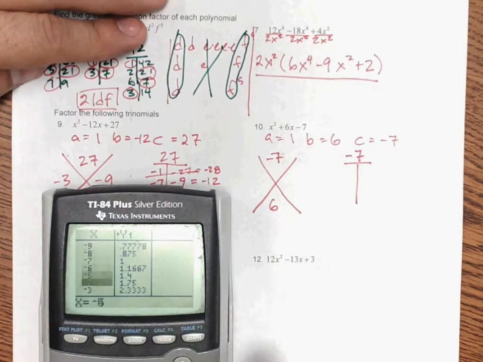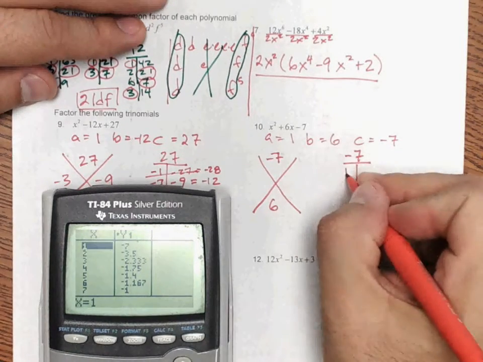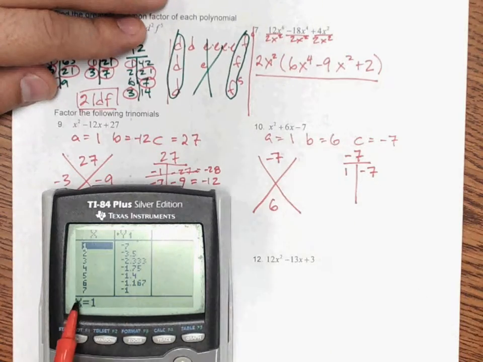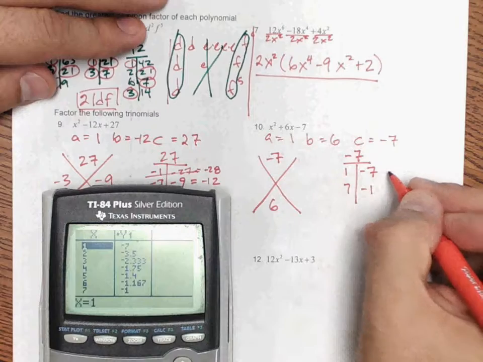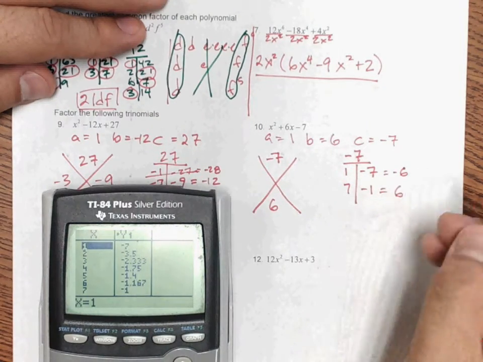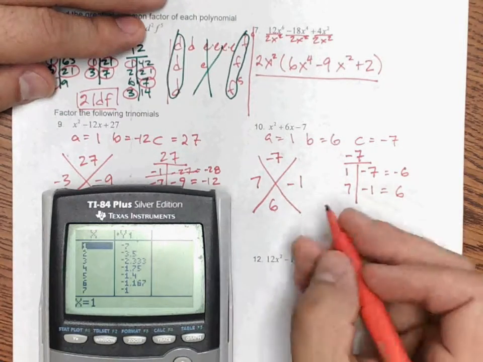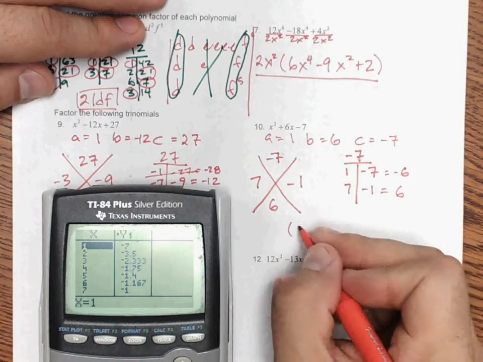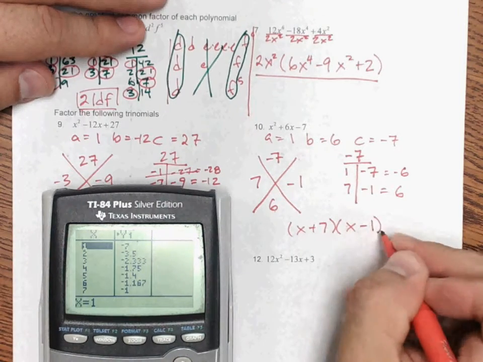And go down here back to 0 so we can start fresh. So I have 1 and a negative 7, and then down here I have 7 and negative 1. Well, 1 minus 7 equals negative 6. 7 minus 1 equals positive 6, which is what I want. So 7, negative 1. And then that's going to be my solution. X plus 7, X minus 1.